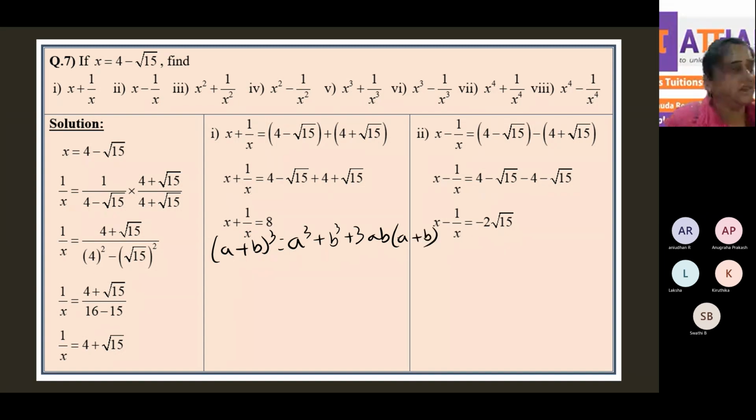We'll see this in detail in the next chapter, polynomials. Now, this is a plus b the whole cube: a cube plus b cube plus 3ab into a plus b.